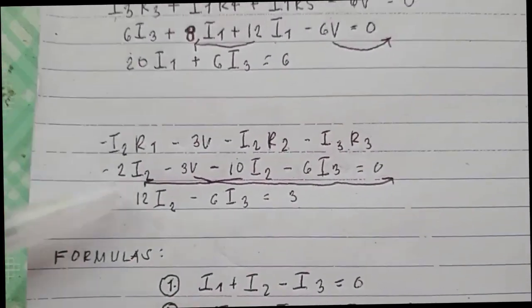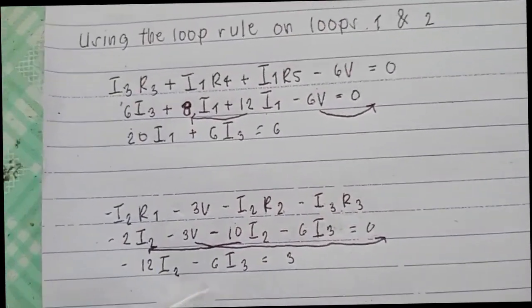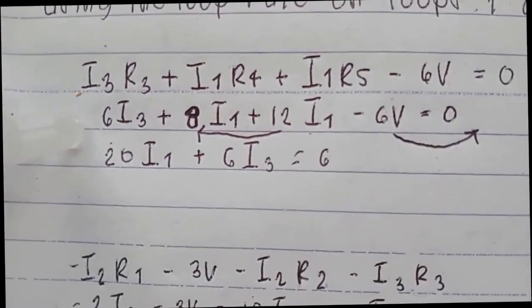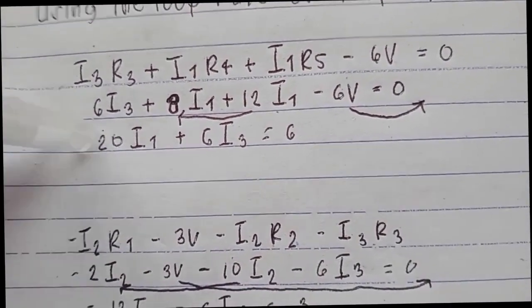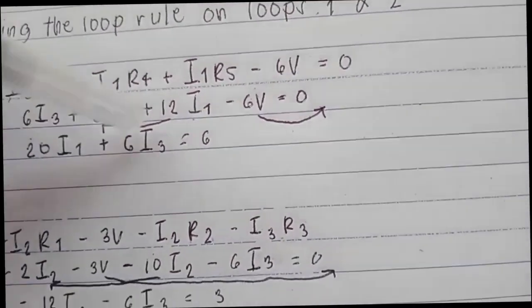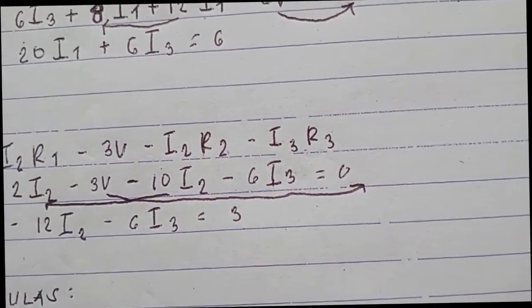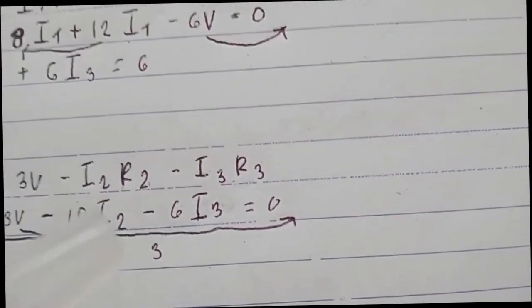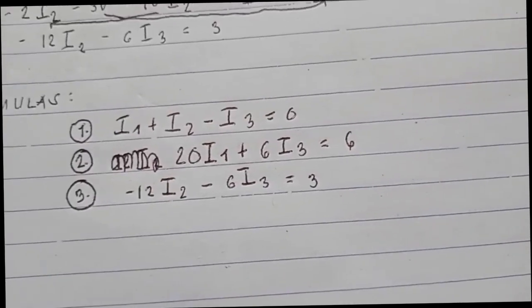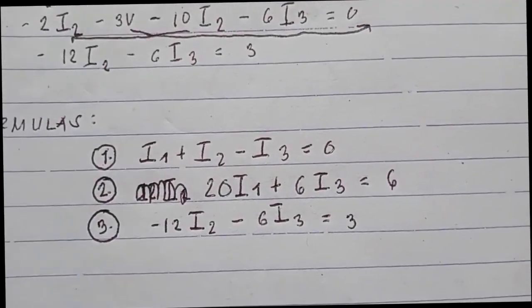So that is how we derive our second equation. Our first equation is 20I1 plus 6I3 equals 6, and the second is 12I2 minus 6I3 equals 3. So here are our derived formulas based on our circuit.